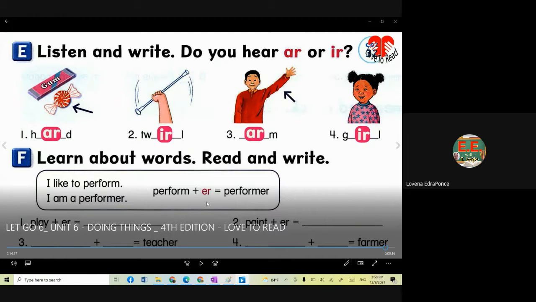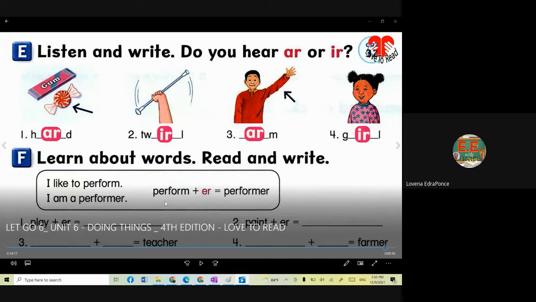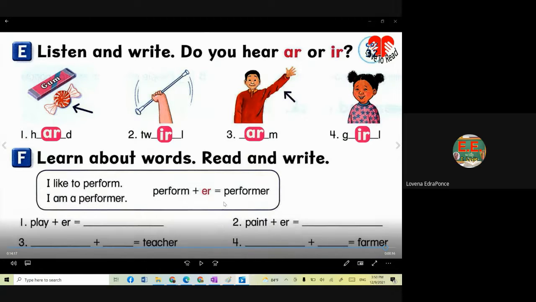All right. Okay, for letter F, those words are, okay, this one we're going to add ER to the root word. So from the action, if we add ER, that would become another word, and that is the person who's doing the action.